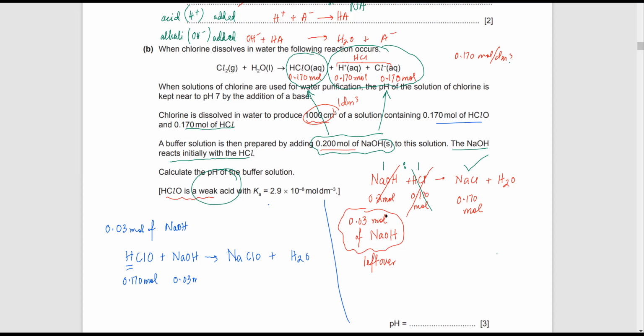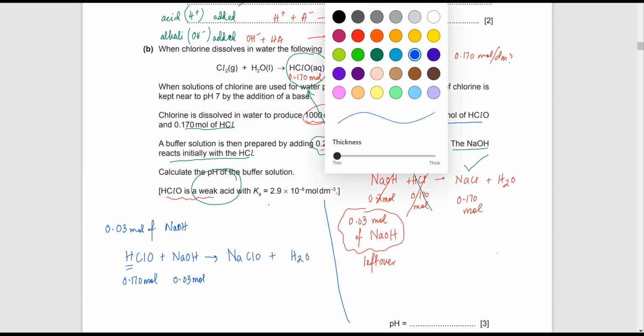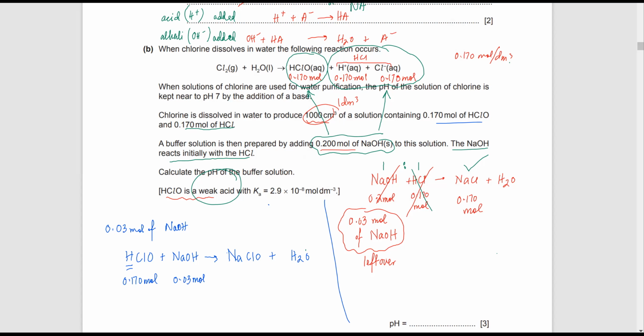Now, Sara, listen very carefully, one of them is in excess. 0.03 moles are going to react with only 0.03 moles. So out of 0.17, 0.140 moles would not react.